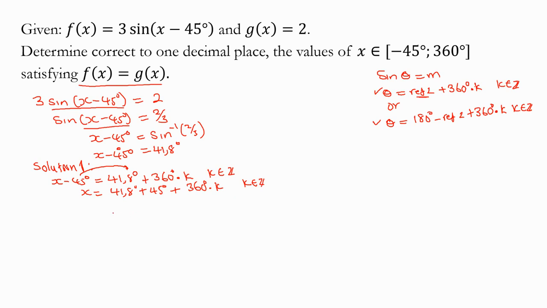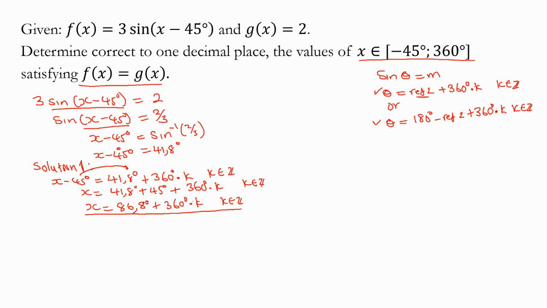This is 86.8°, so x = 86.8° + 360° × k. Now this is the first general solution. But remember, we want the angles from −45° to 360°, so we're going to use our calculator for that. I'm going to show you.